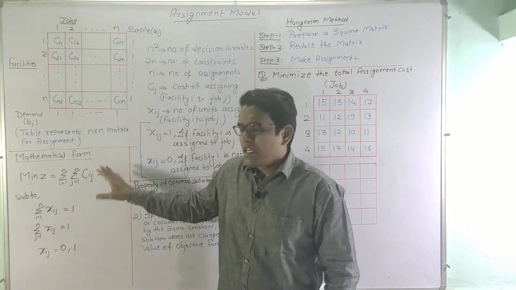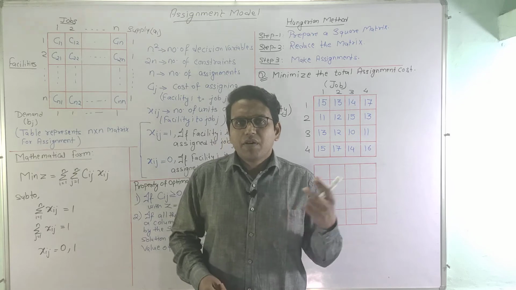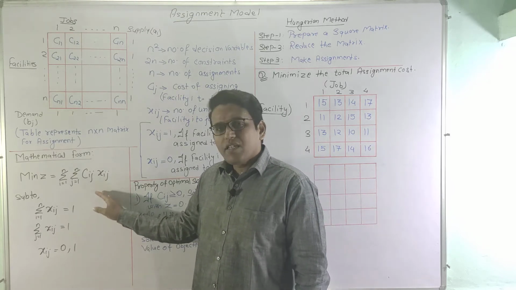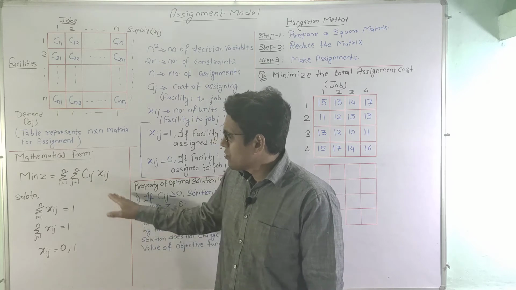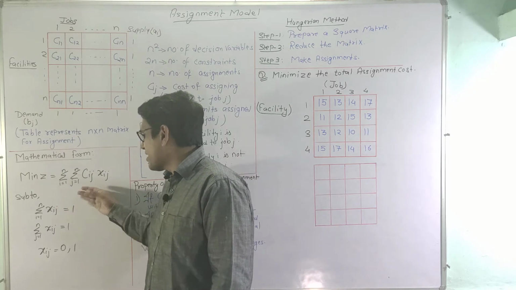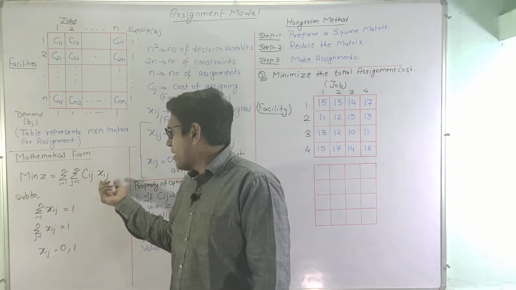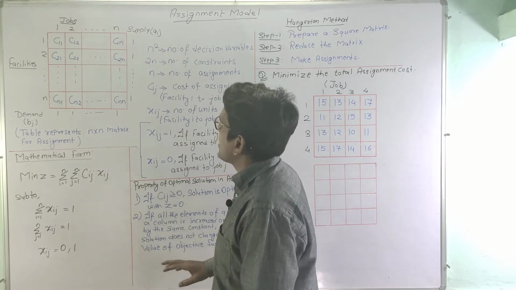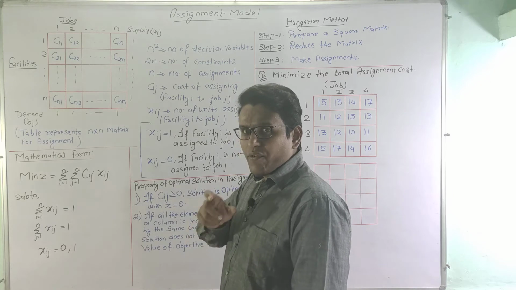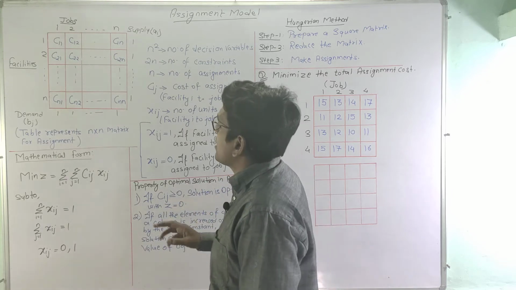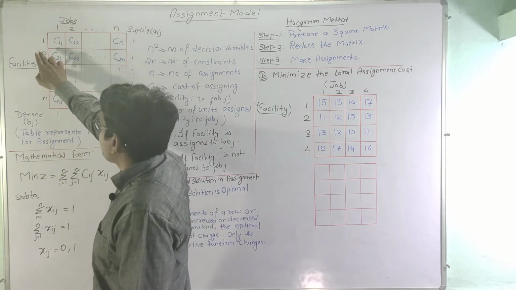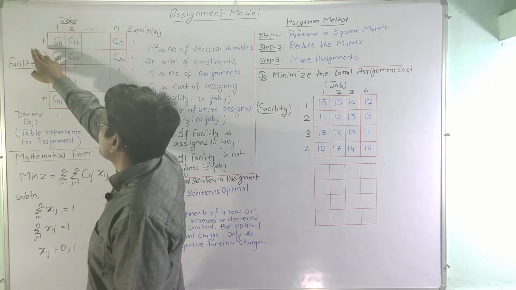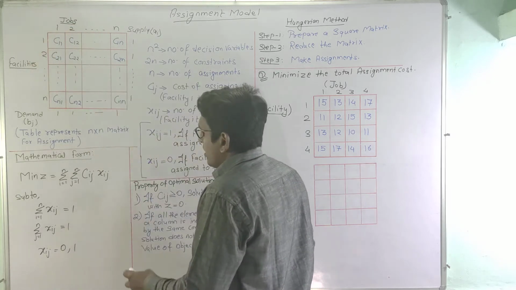Now this mathematical form is very similar to the one we have done for the transportation problem, and let us see what the differences are here. The minimization function is the same, that means the cost multiplied by number of units. Now we have already said that for assignment model there should be only one job for one facility or one facility for one job.